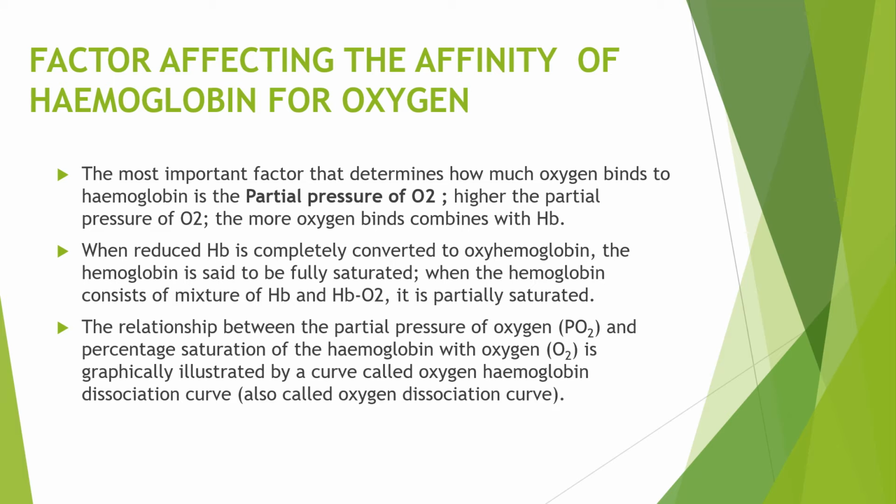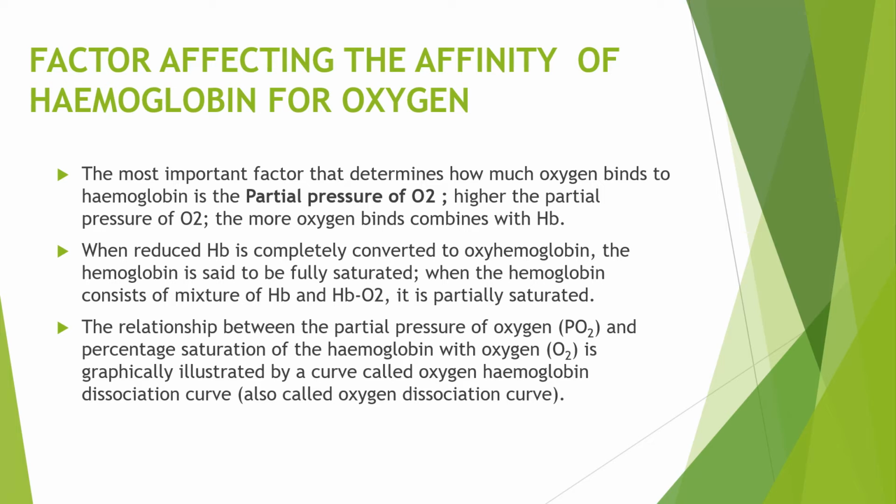There are certain factors that affect the affinity of the hemoglobin for oxygen. The most important factor is the partial pressure of oxygen. The higher the partial pressure of oxygen, the more oxygen will bind to the hemoglobin.